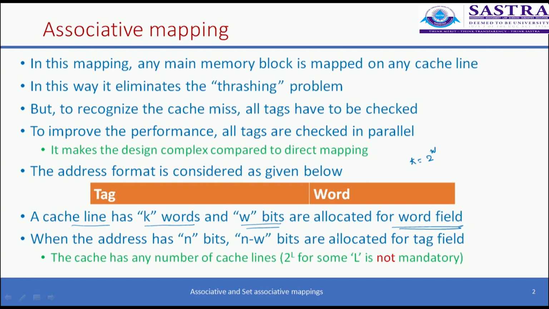If a cache line has 16 words, then w will be 4. When the address has n bits, n minus w bits are allocated for the tag field, and w bits are allocated for the word field. Total size is n.